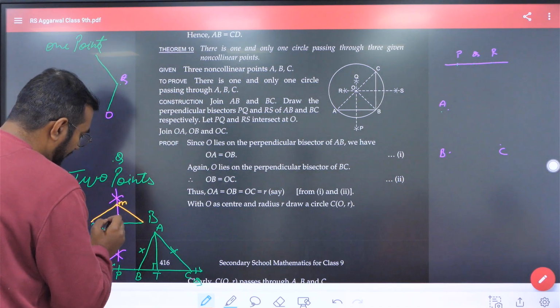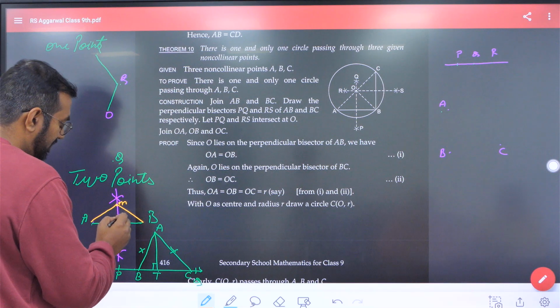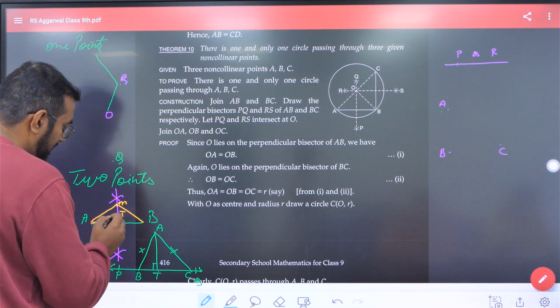Similarly, if you take a point here, T, AT and BT are equal.